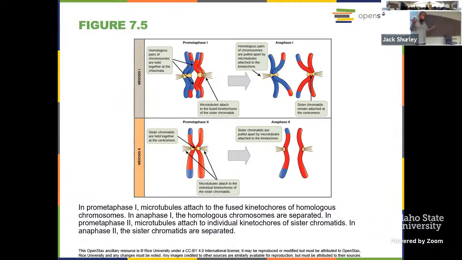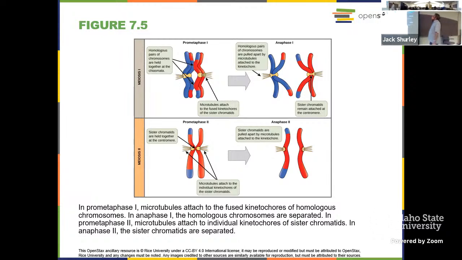It's not exact, but it's pretty close, right? So the homologous pairs are linked up, and we're going to separate them initially. That's what happens in the first round of meiosis. And we give the phases the same names as we talked about in mitosis, but prophase 1, and then in the next round, prophase 2. Just to tell you, it's happening twice.